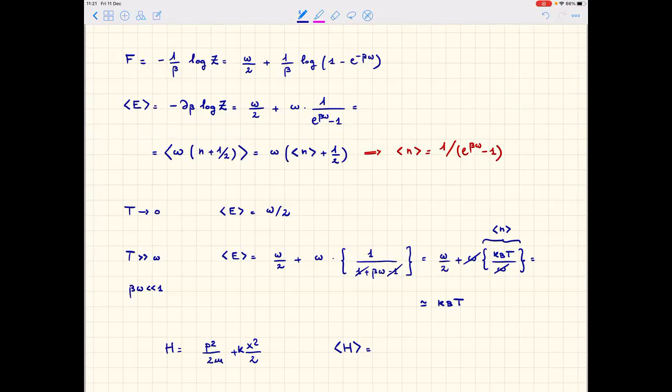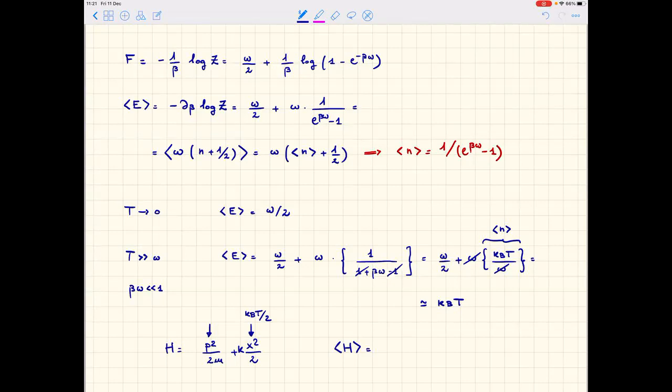Why? Because for each quadratic term in the Hamiltonian, you get a contribution to the average that is kBT divided by 2. Guys, you will not pass the exam if you don't study, okay? So you should know the material. And this is something we have done centuries ago.